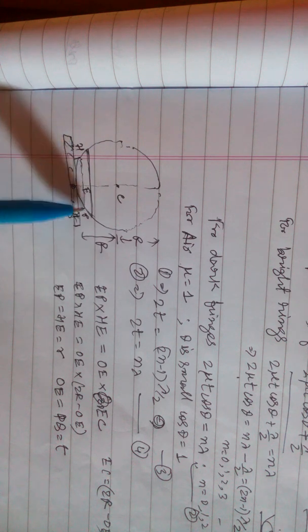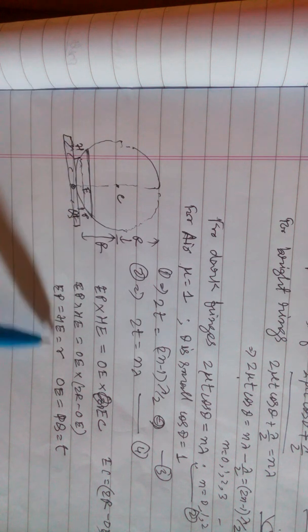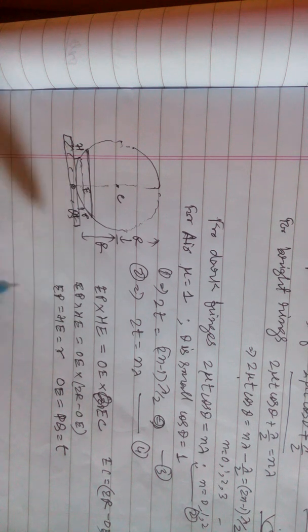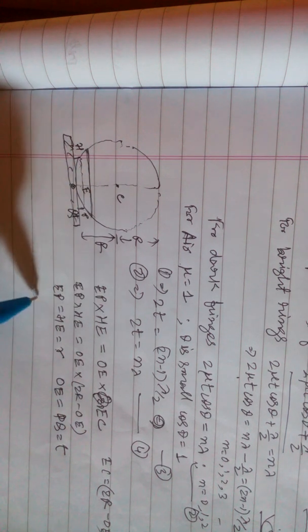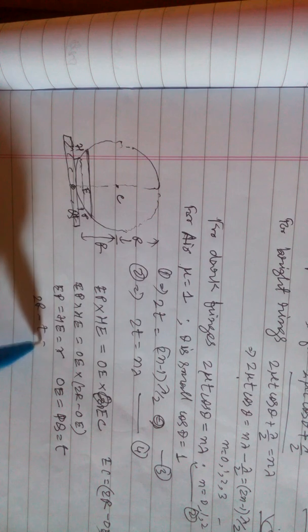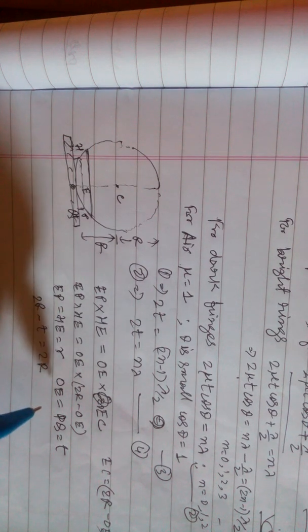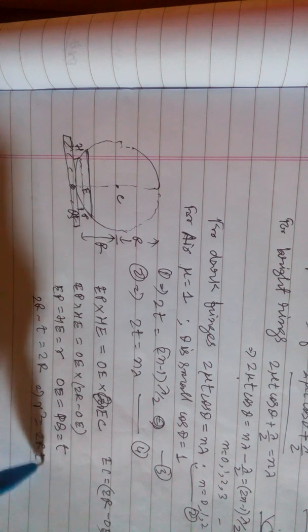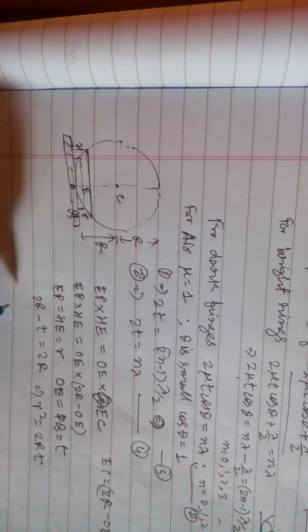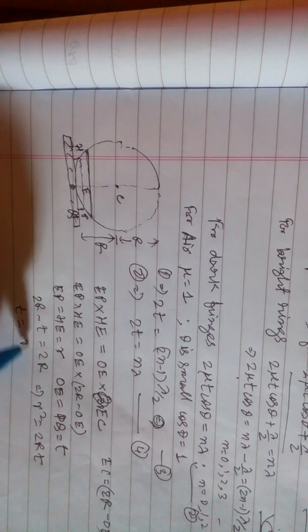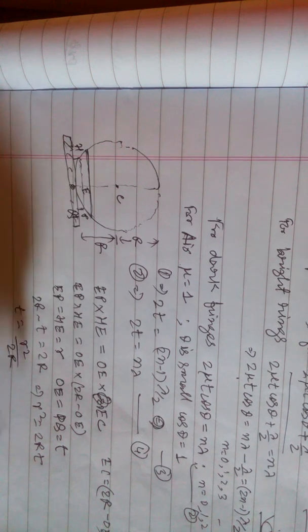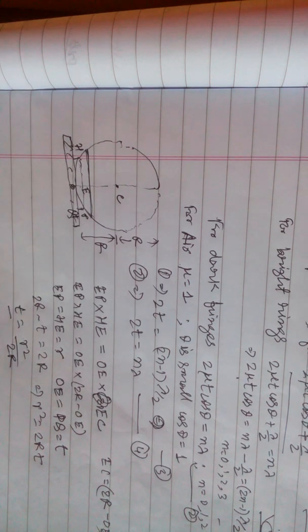Again, EP and EH are considered small. So by putting that value, twice r minus small t is approximately twice r, and we can simplify: r square is equal to twice r t. So from here t is equal to r square by 2R. This is the thickness of the air film at that point.